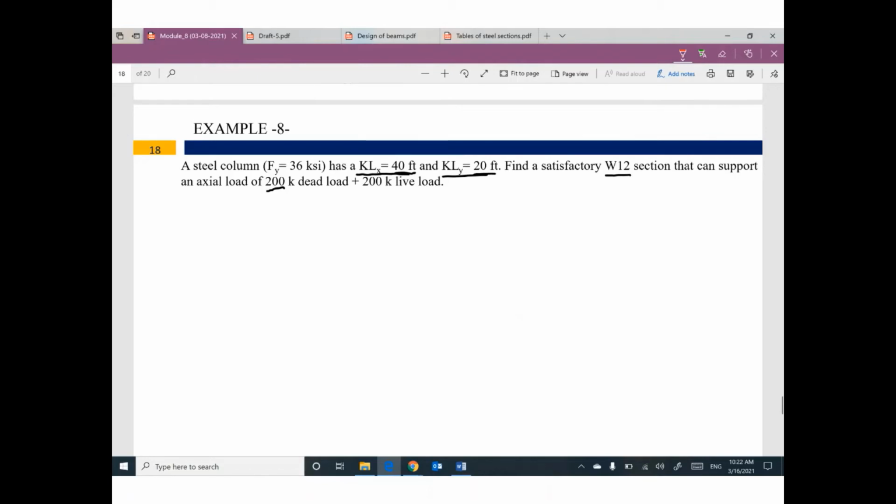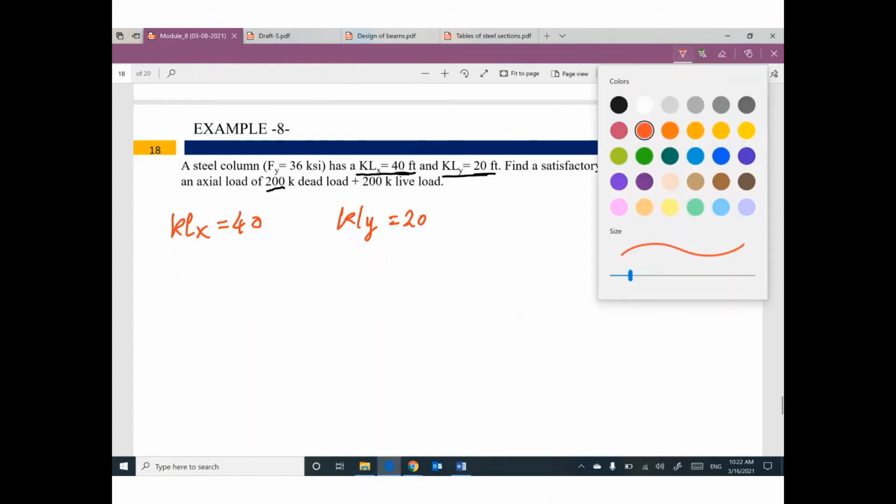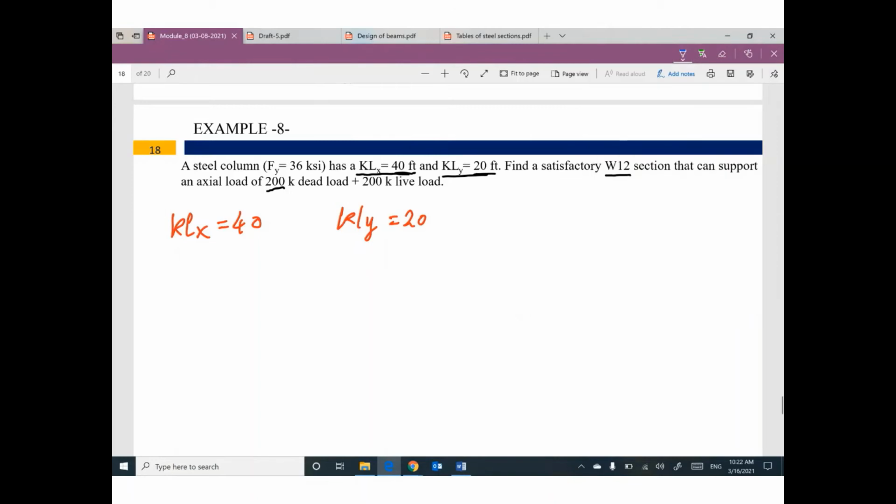Anyway, which length am I going to use? KLx equal to 40 will be critical, or KLy equal to 20 will be critical? Actually, I don't know which one is more critical. Do you like to know which one will be more critical?